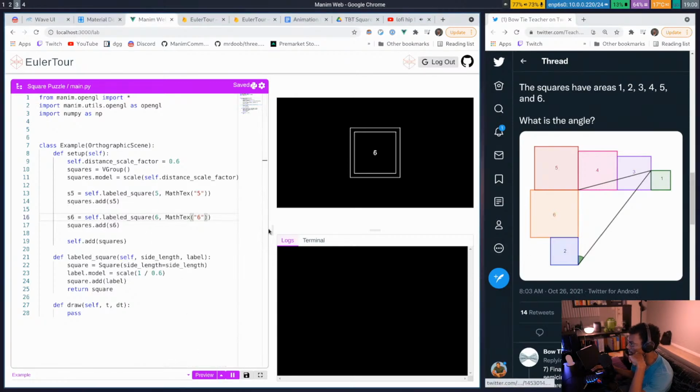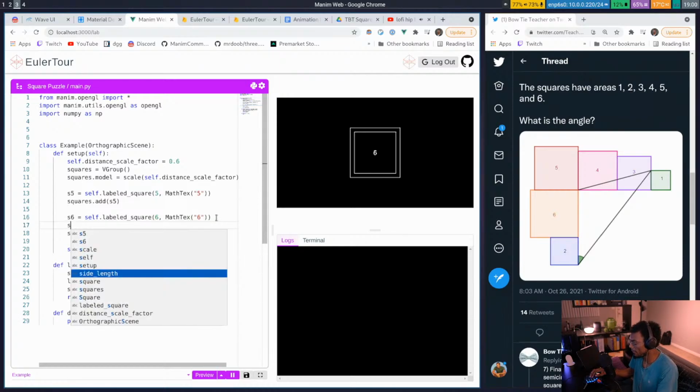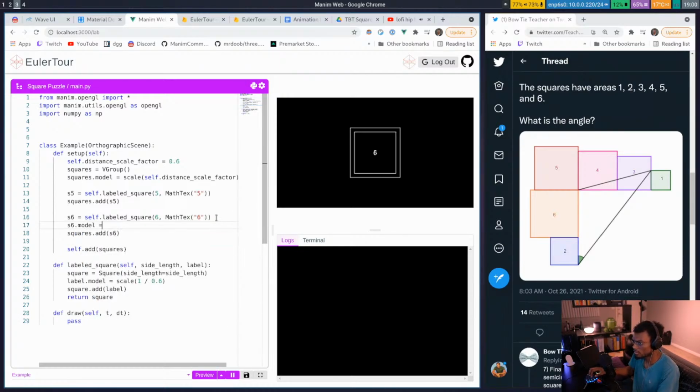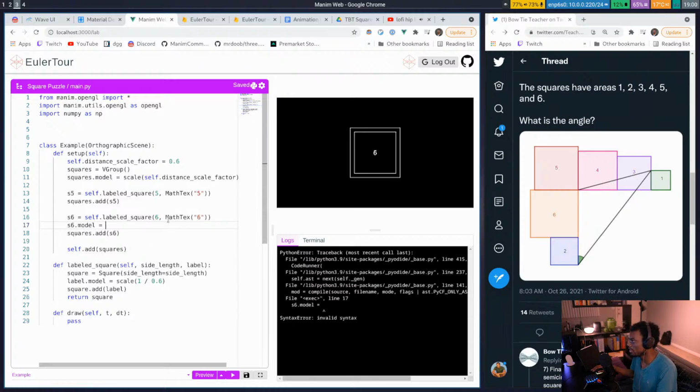Now to move this to the bottom of S5, it should be S6 dot model equals, I want like the translation of S5 dot model and then base it off of that.